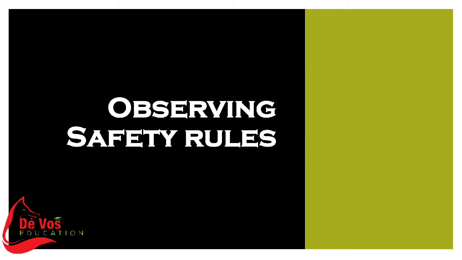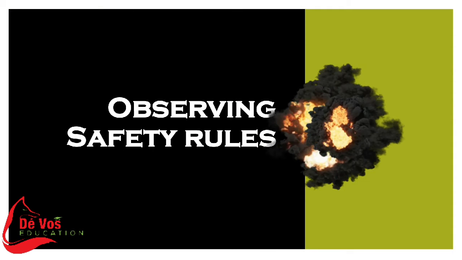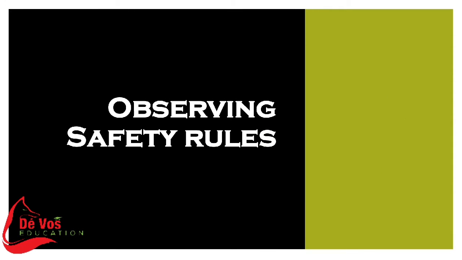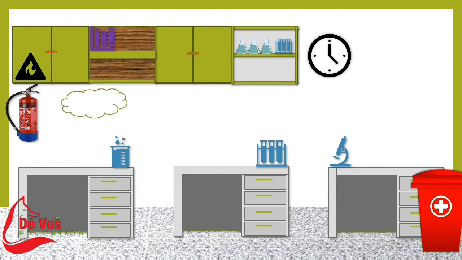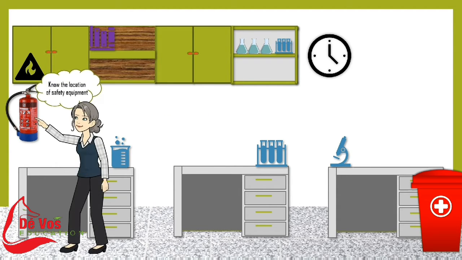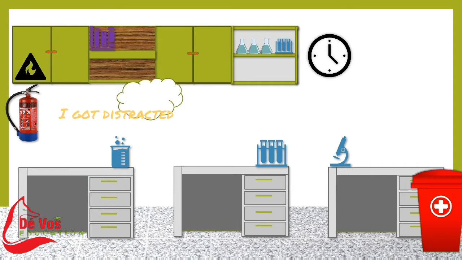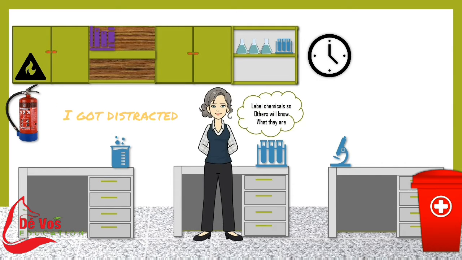Let's start with safety. The safety rules are very important while performing your experiment. Don't play the mad scientist. Always follow the instructions. Also make sure that you know where all the necessary safety equipment is, such as fire hoses and a washing bin for your eyes.